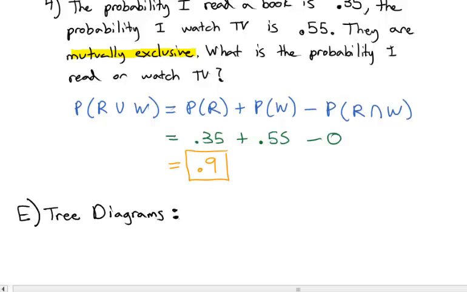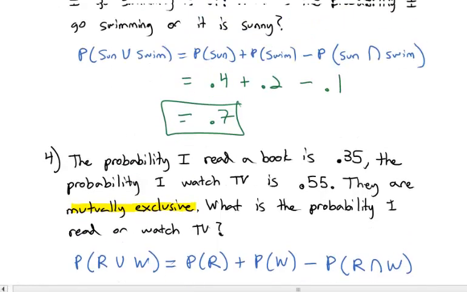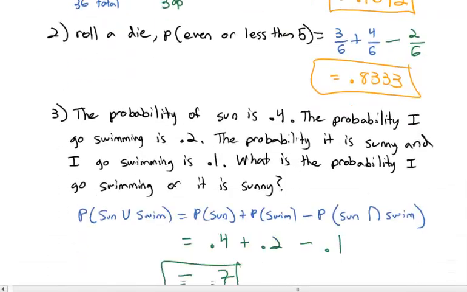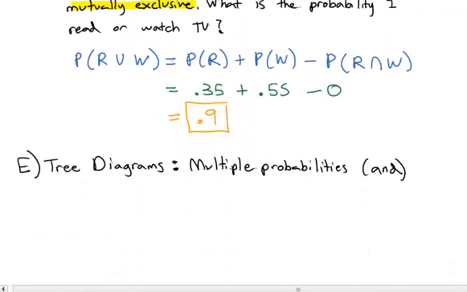And as we do tree diagrams, we're often talking about multiple things happening, multiple probabilities, and we know that by, we'll often use the word and. You could write down up above when we were doing the addition rule, we were talking about the word or. Either draw a number or draw a club. We weren't trying to draw both. We didn't care which.